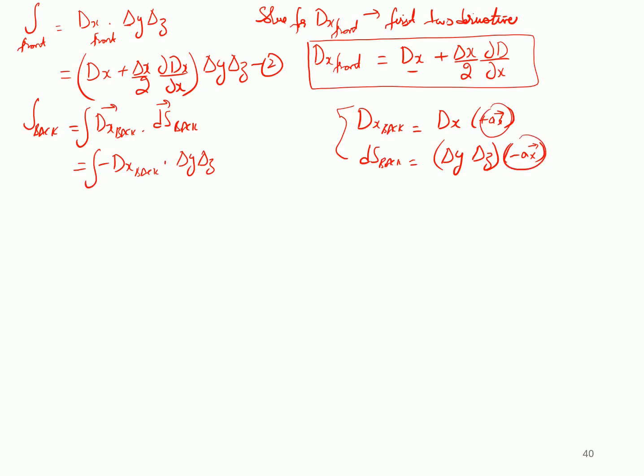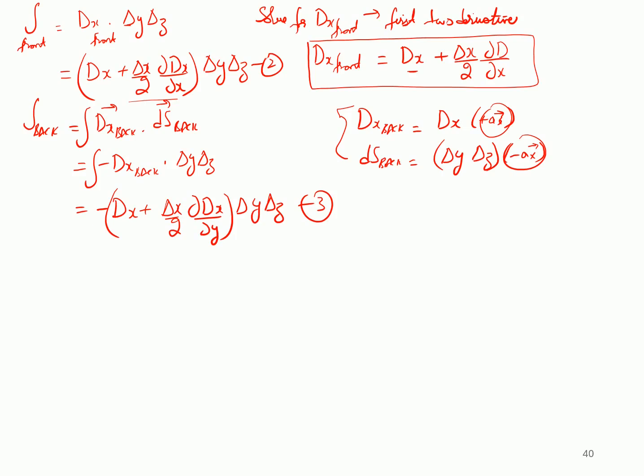So now let us see what can be the value of this back equation. Obviously it is going to be the same scenario as was with equation 2. It is going to be negative dx plus delta x by 2 partial derivative of dx along x, and it comes out to be delta y and delta z. So this is one way to find the value of the back surface of the cube, and you can also look into equation number 2 and just change the sign to get equation 3.